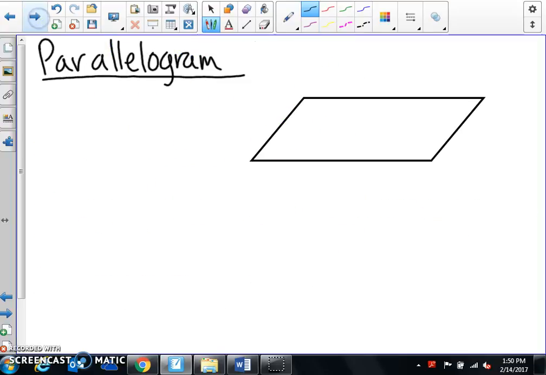2 more. Parallelogram. Parallelogram is just a funky square. Oops, not funky square. Funky rectangle.